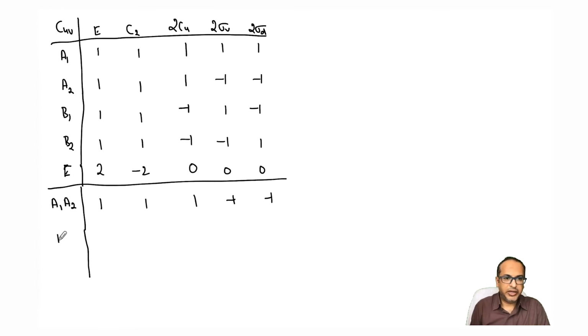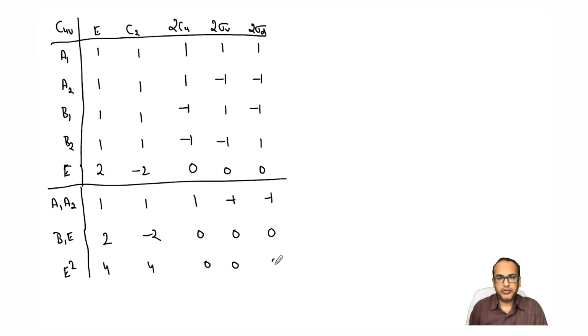Let's say we obtain a direct product of B1 and E. So what do we get? 2, minus 2, and then we have 0, 0, 0, because these are all zeros, right? We can also do a direct product with the same IR. So E cross E will be equal to 4, 4, 0, 0, 0.